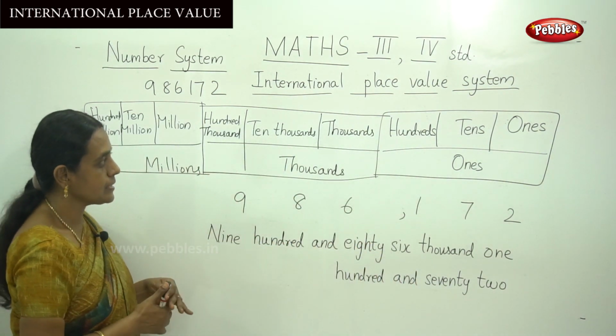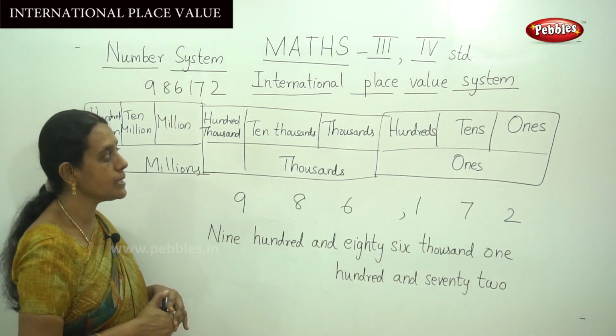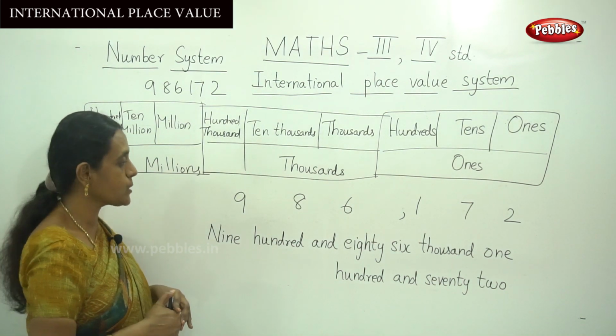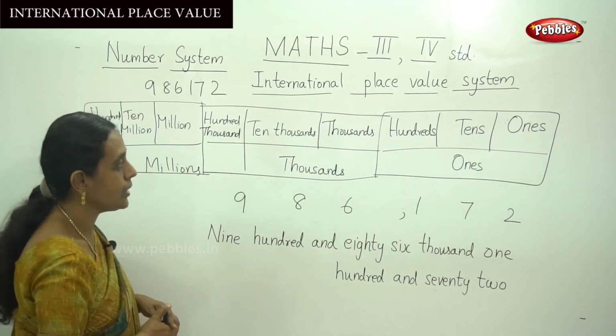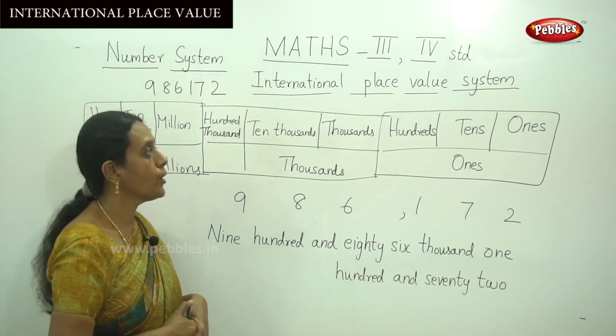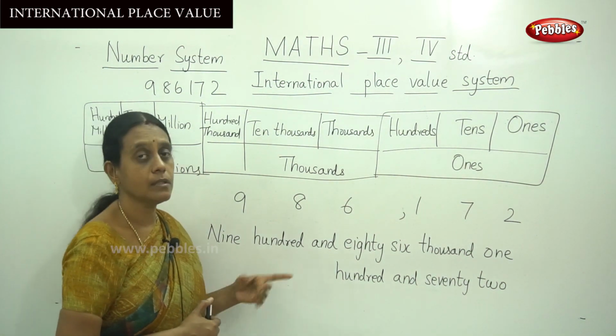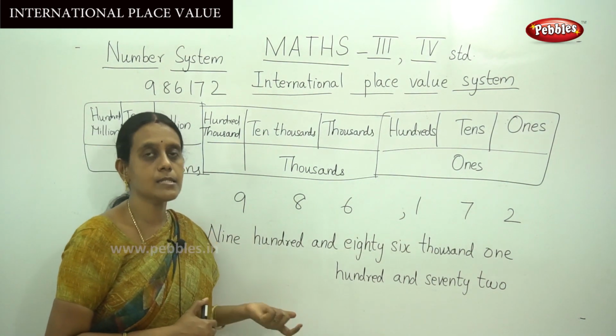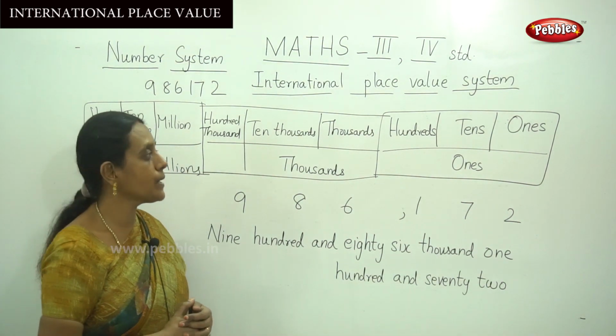Okay, this is the arrangement of numbers in the international place value system. Do you understand this? I hope you can understand the difference between the Indian system and the international place value system.